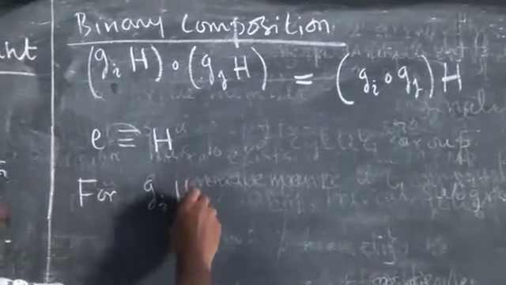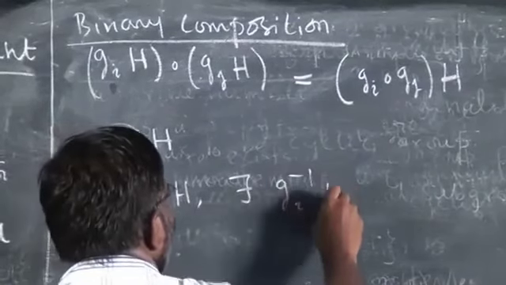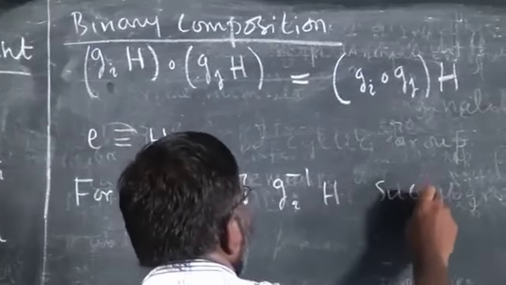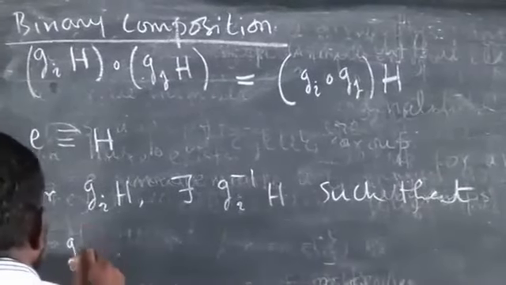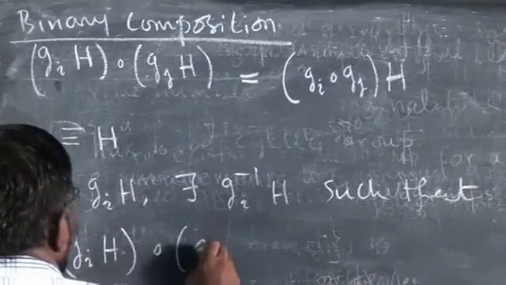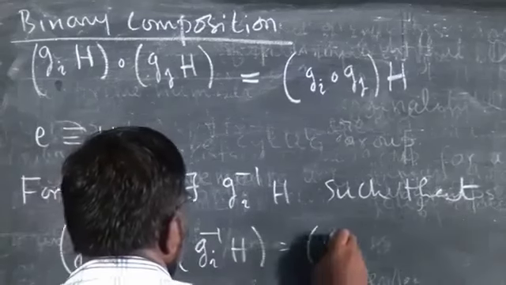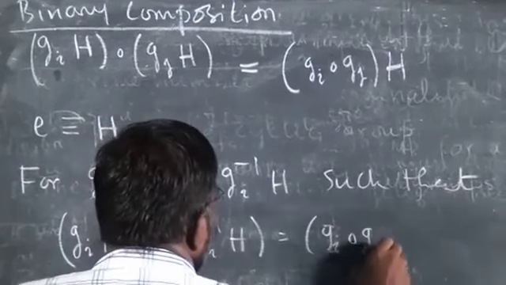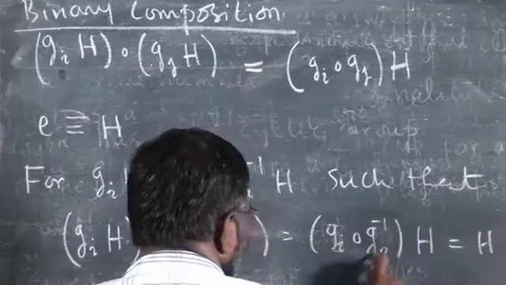For giH, there exists gi inverse H, such that giH multiplied by gi inverse H is equal to gi inverse gi H, which is equal to H. This is e.